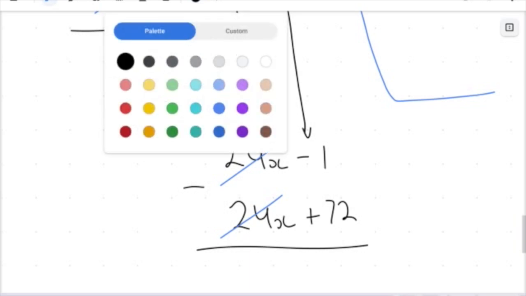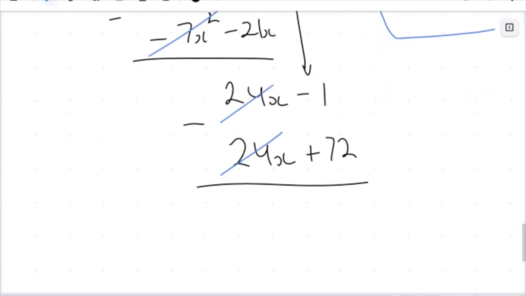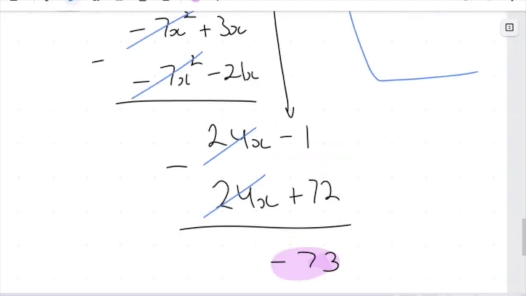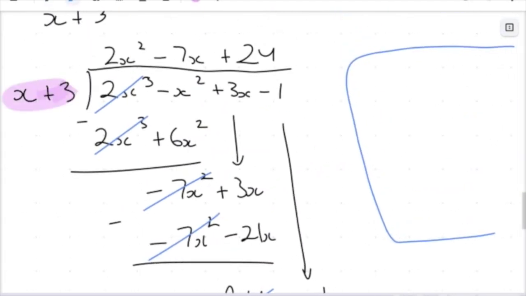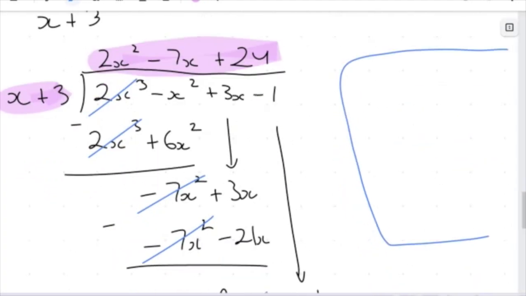And my remainder is going to be minus 1 minus 72. That's negative 73 as our remainder. Okay, so now that we've done that, we have our remainder at the bottom, we have our divisor, and we have our quotient.